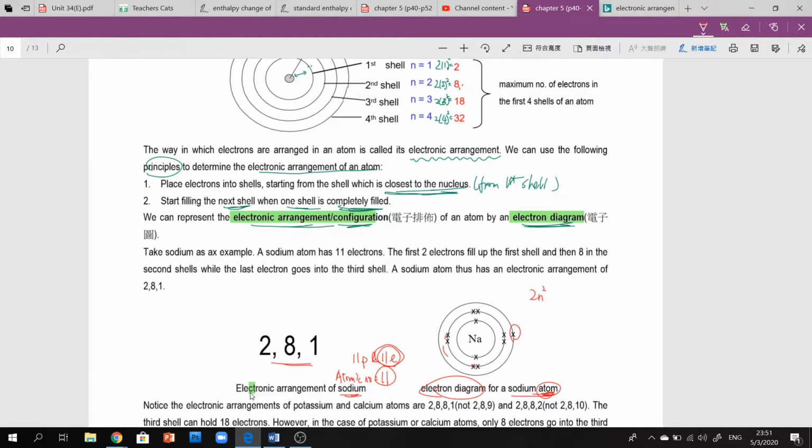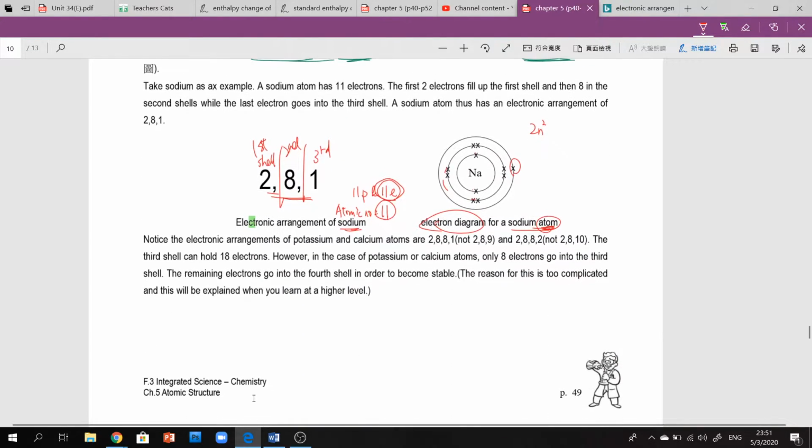As a shorthand method, you simply write 2, 8, 1, which gives the number of electrons in the first, second, and third shell respectively. Is that clear? You fill it up to 18.